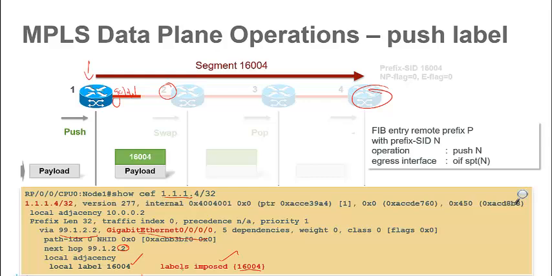See, the local label is also this, the label imposed is also this. A push operation happens here. Label is attached, pushed.